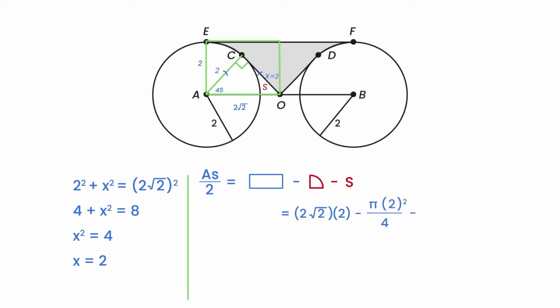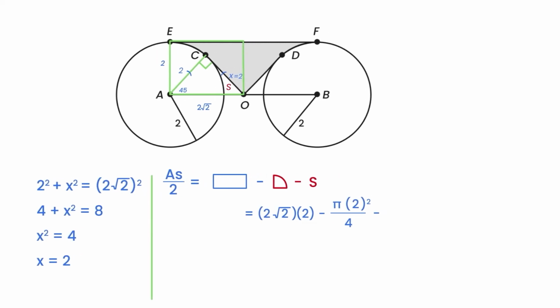And then now I have to figure out S. S is a little bit tricky, not very tricky, but I'll do it up here. And then I'll plug it in down here. So what is S, first of all? S is represented by this region right here. Now, how do I get the value of S?